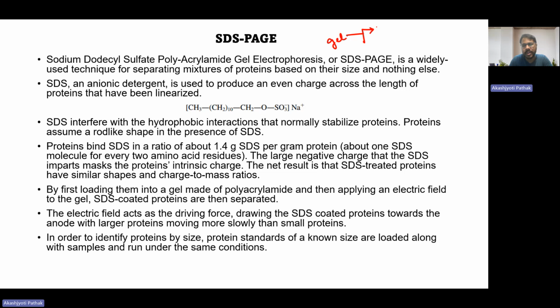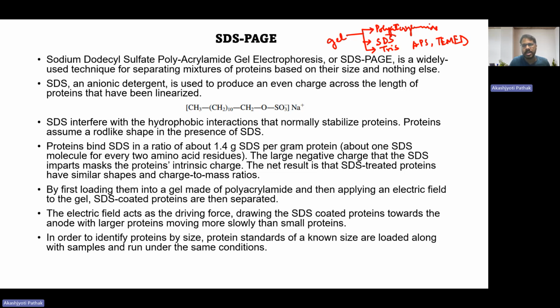First of all, you add the polyacrylamide. Other than it, you add SDS to your gel. Then you add Tris, then you add APS, and then you add TEMED. So you add different components for preparing your gel, both polyacrylamide and SDS as well.